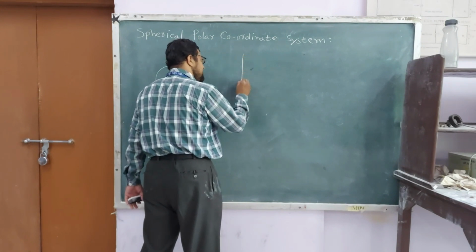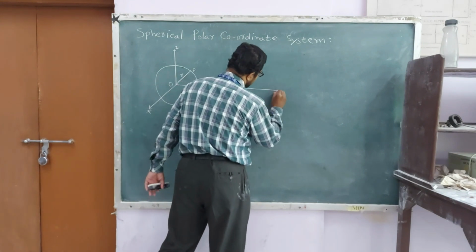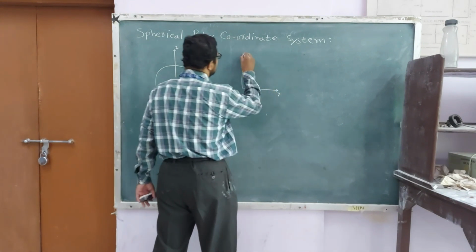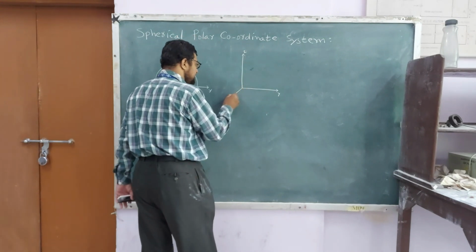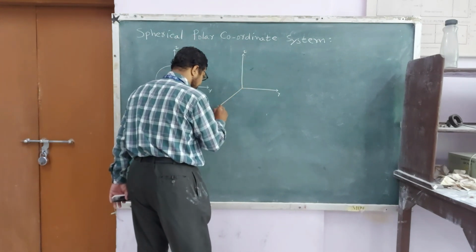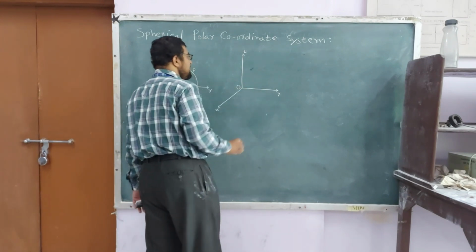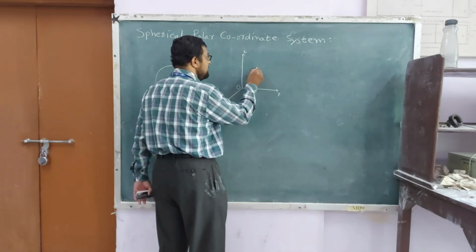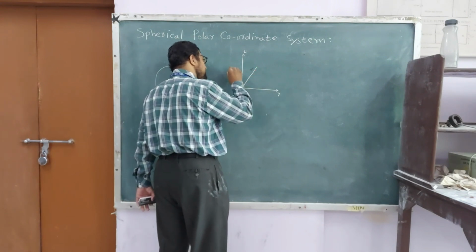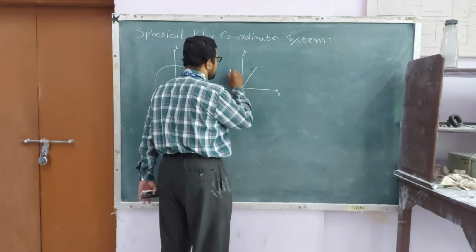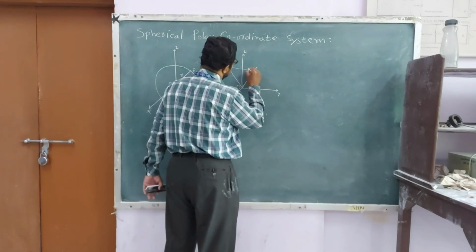So this is again our z axis. I will try to draw it parallel to this one only. This is our y axis. And this is z axis, and this is nothing but our x axis. And this is our origin. So I will draw a cone here, say like this, a cone, same height should be there on both sides.